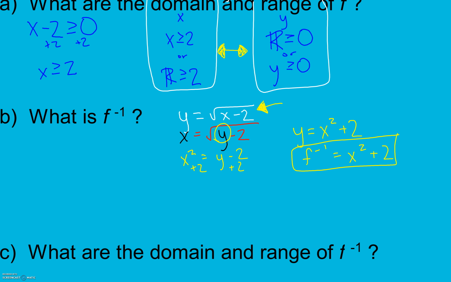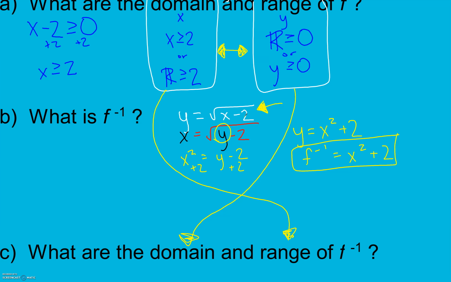So my range goes to my domain, and my domain goes to my range. We swap our x's and our y's. If we look at our inverse function, it looks like we can have anything there because we can plug in any number to be squared and then add 2. But since we're only dealing with the positive square root, our domain and range are still going to come from that original function, and we're going to have a restricted domain and range.